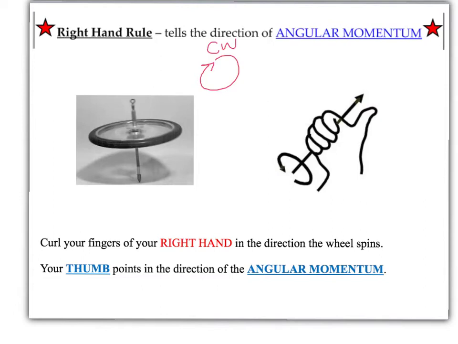It's going to go into your page. So now your fingers, for you guys, point that way, your thumb's going to end up going down. So when you have that perspective and your fingers are curling the way that something's clockwise, we're going to say that the angular momentum is into the page.